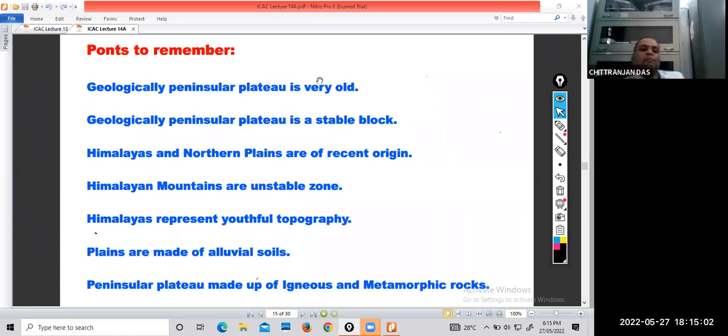So 1 class will be vegetation and all those things, and then 1 or 2 classes I will require for resources and industries. India resources and industries. So I think by mid of June, because next week onwards I will take 2 classes. Geography I will take 2 classes and try to finish my syllabus.